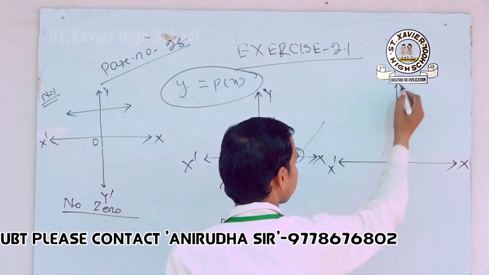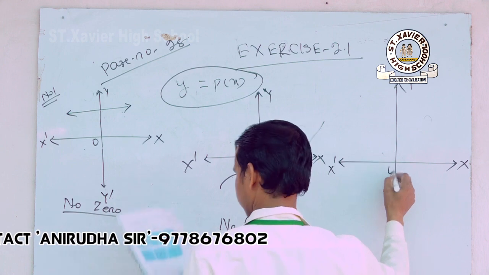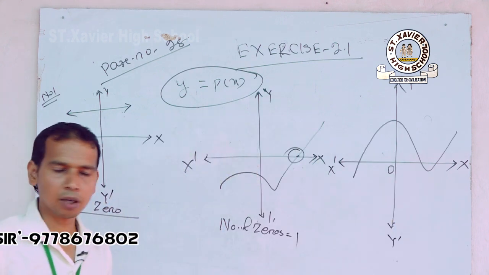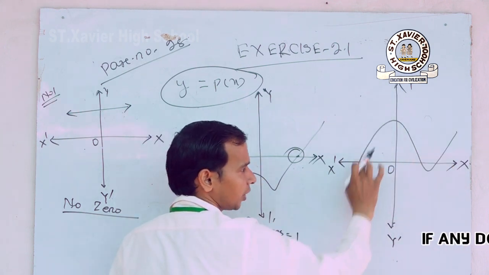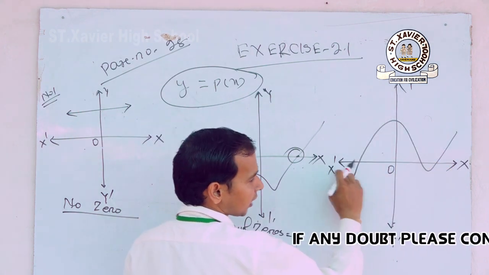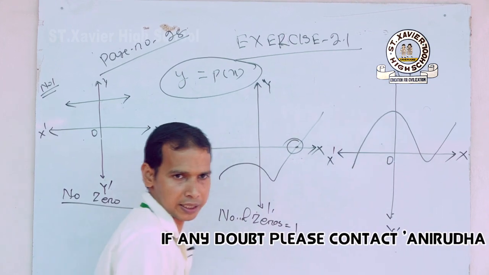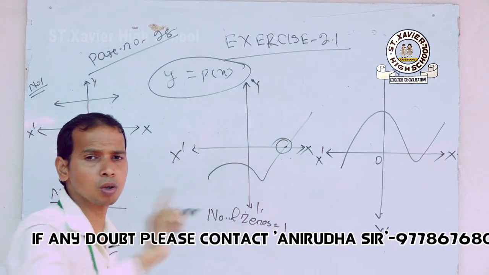Now come to the third question. X dash, y dash, 0. The third question is of this type. Mark here this graph line, this x-axis, this y-axis. The question is y equal to p of x.